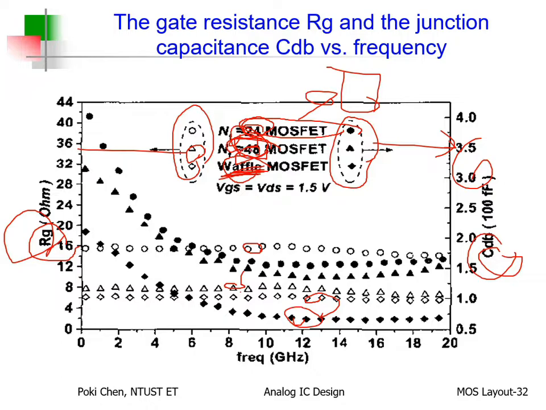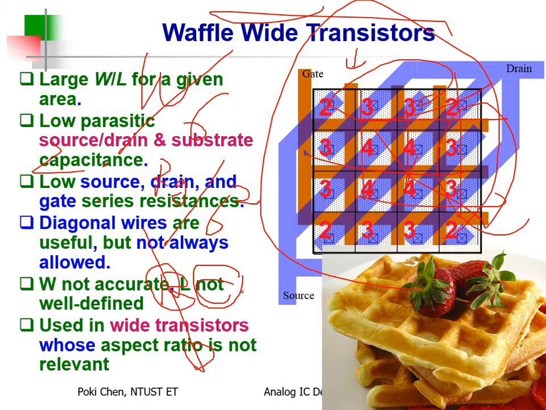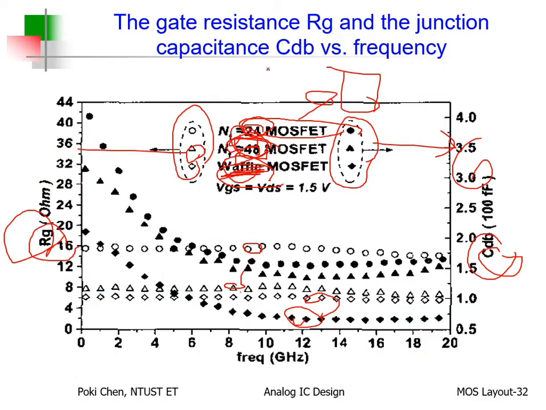All right. But which is the real square layout? Waffle. See? That is our golden target. The final layout for the very critical, very important device. It looks like a square. That's it. All right? Okay.